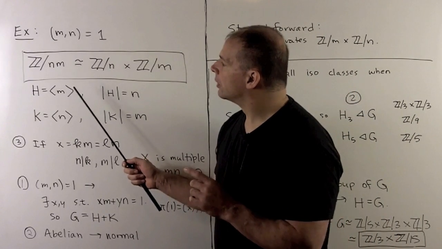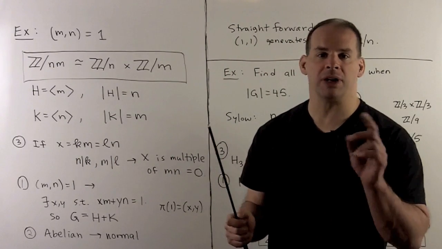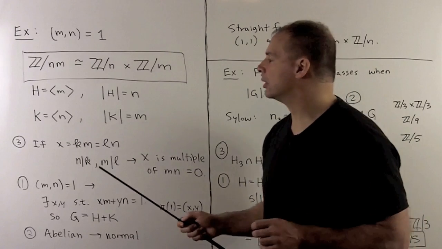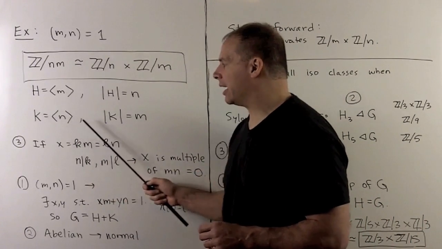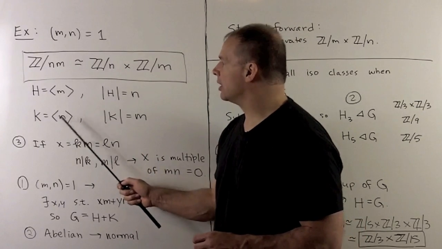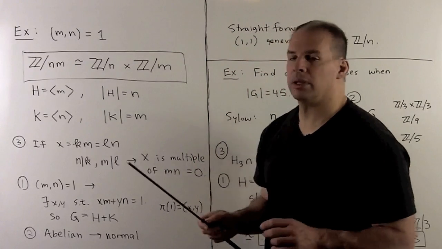Now, if I want to show this as an internal direct product, we need to find two subgroups and then show that they satisfy the three properties. So I'll let H be generated by m, K generated by n. So H is isomorphic to Z mod n, K is isomorphic to Z mod m. So that's why this is written backwards.